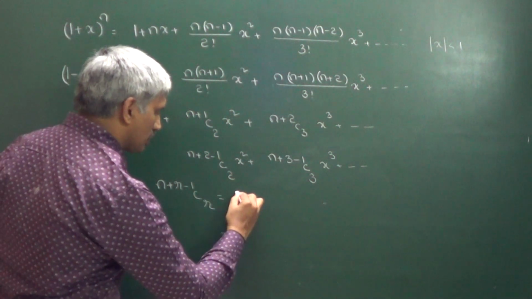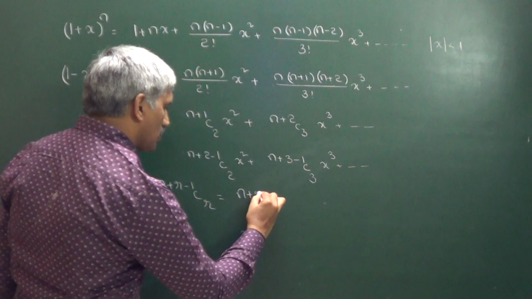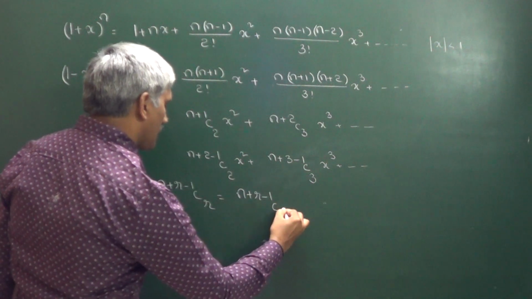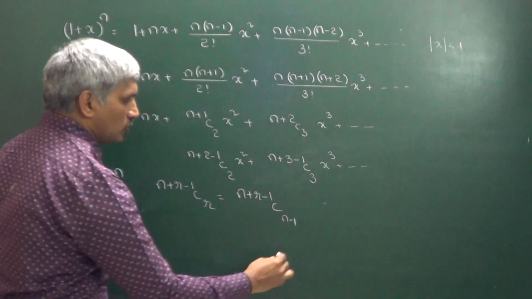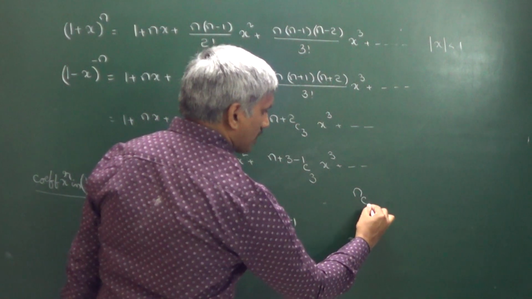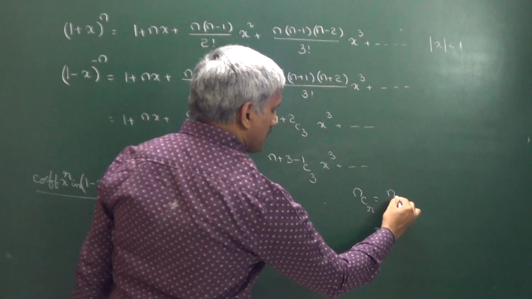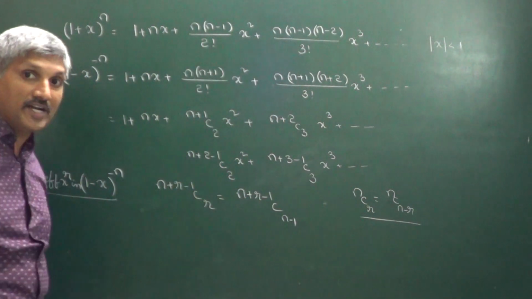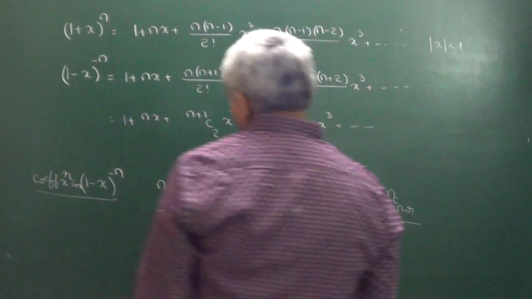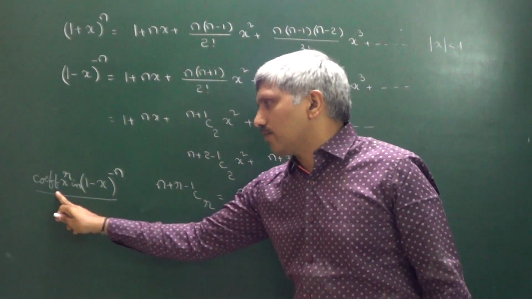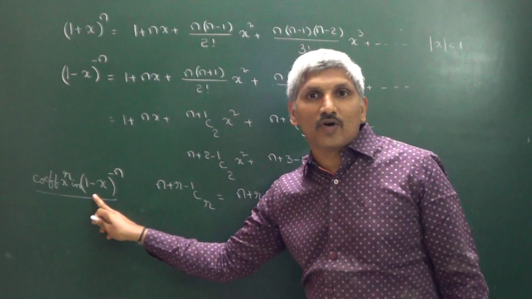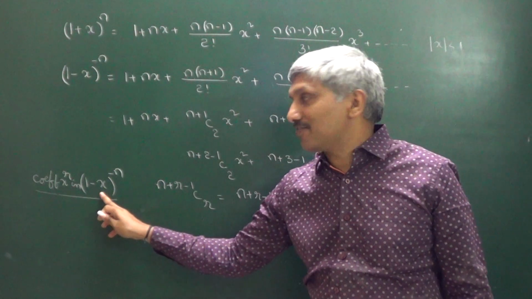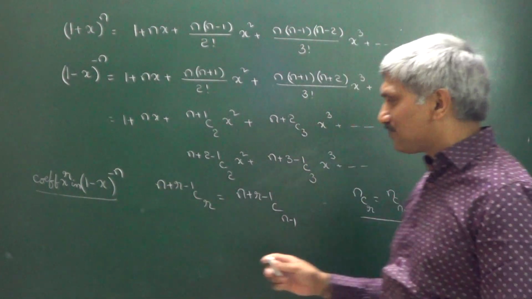The same we can also write as (n+r-1)C(n-1), because nCr can be written as nC(n-r). With the help of that we can write it this way. Now this is the coefficient of x^r in the expansion of (1 - x)^(-n).